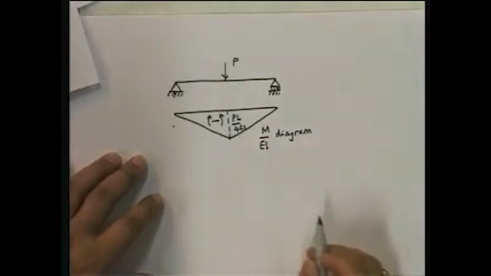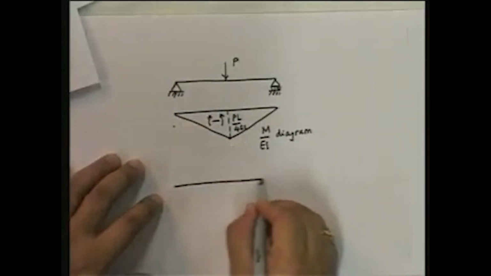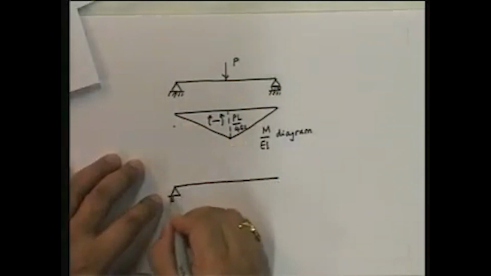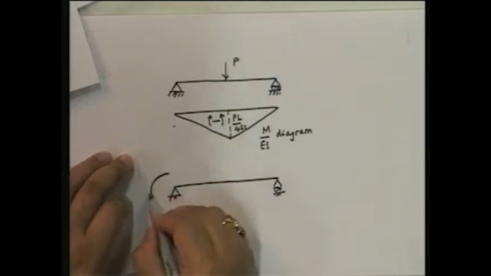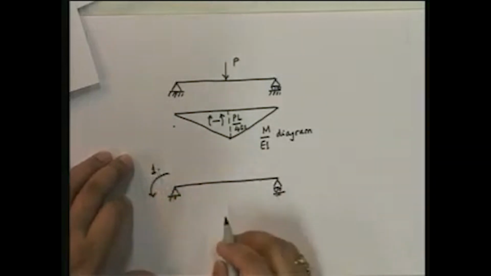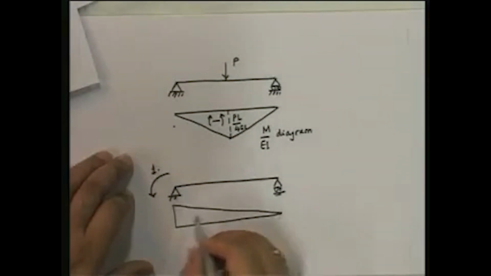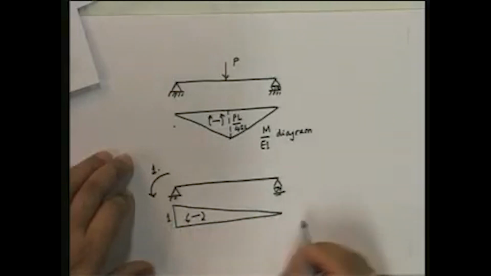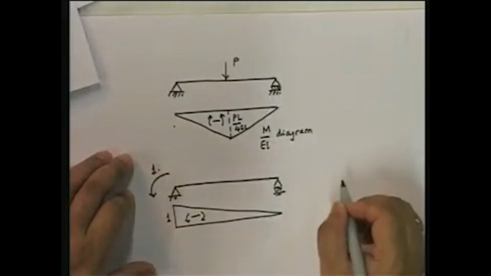Simple. Now, I want to find the rotation here. What would I do? Well, principle of virtual force. Apply a unit force here. If I apply a unit force here, what's the bending moment diagram? Unity.